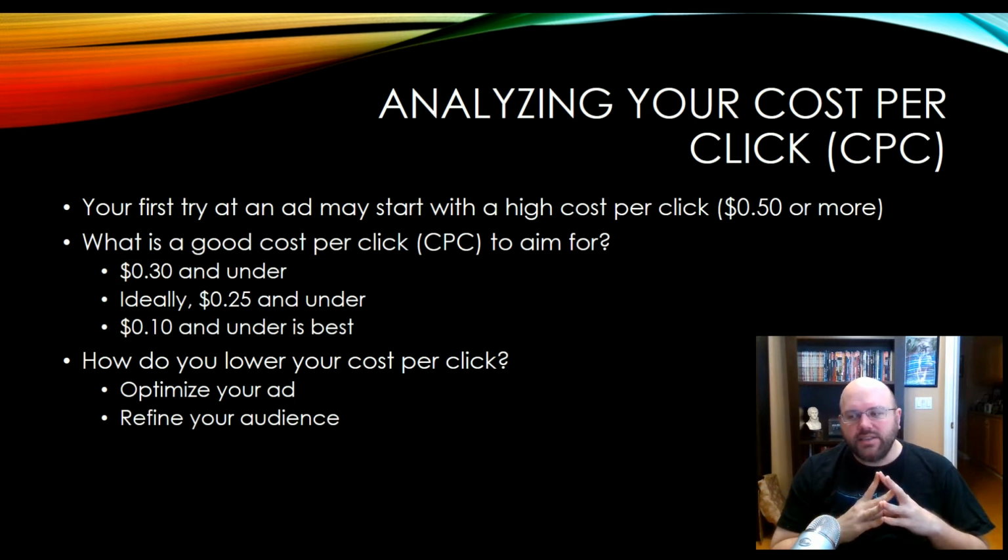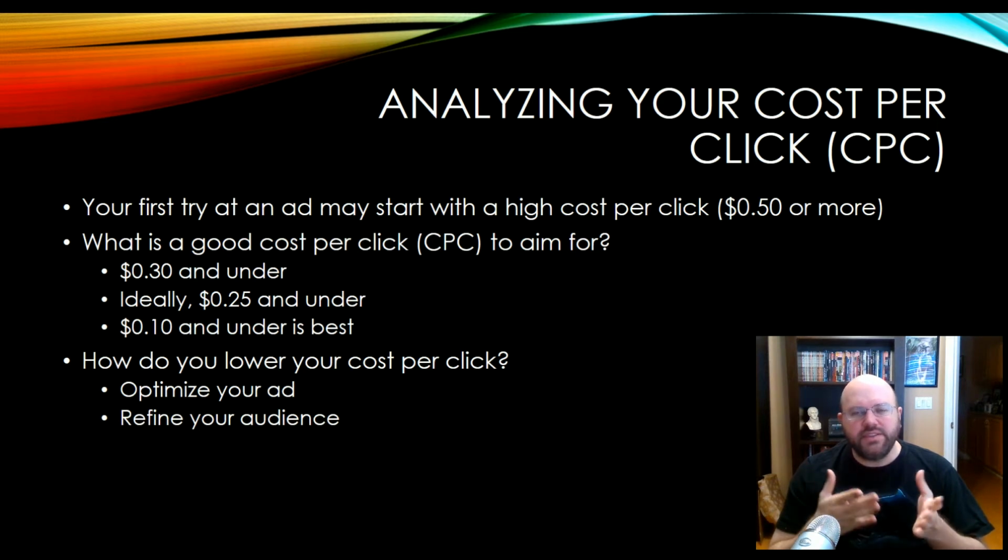I basically say that anything over 50 cents per click is high. Now, you could refine that to say anything over 30 cents per click is high. But I find that, in the typical auction atmosphere of these online ad platforms, most people won't bid like 40 cents or something like that. They'll always bump up their bid to 50 cents.